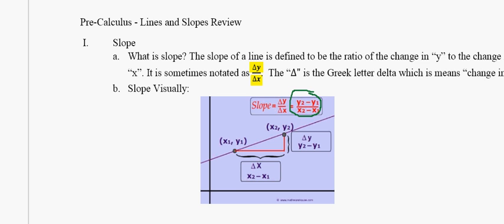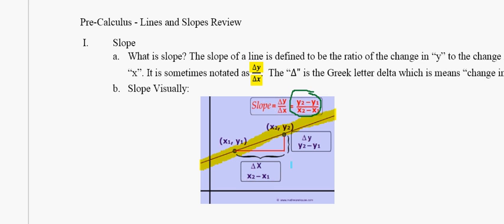What that formula does is it takes the difference of the two y coordinates of 2 points on the line and divides it by the difference of the two x coordinates of those points. So if we look at our line here, this line will have a positive slope because the line is increasing from left to right. If the line was decreasing from left to right, it would have a negative slope.